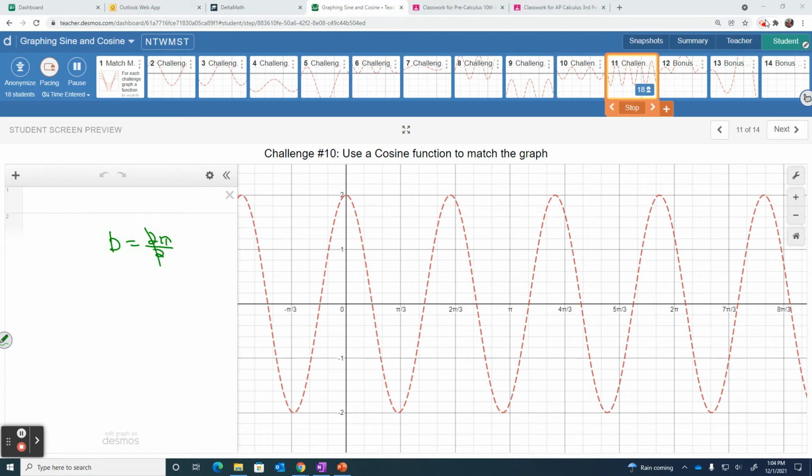So the b ends up just being pi because it's 2 pi over 2. So you have the cosine with that stretch there a little bit too.